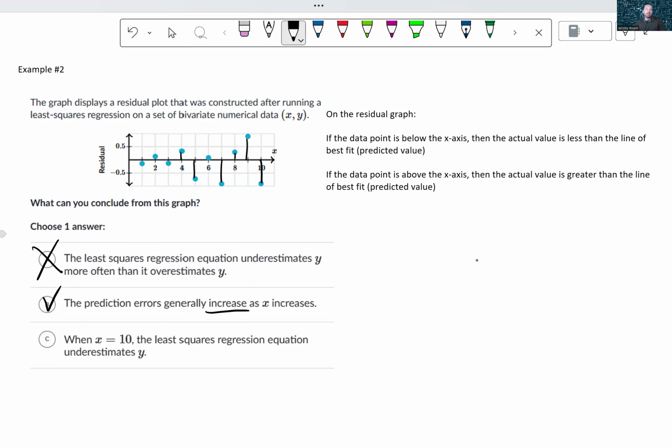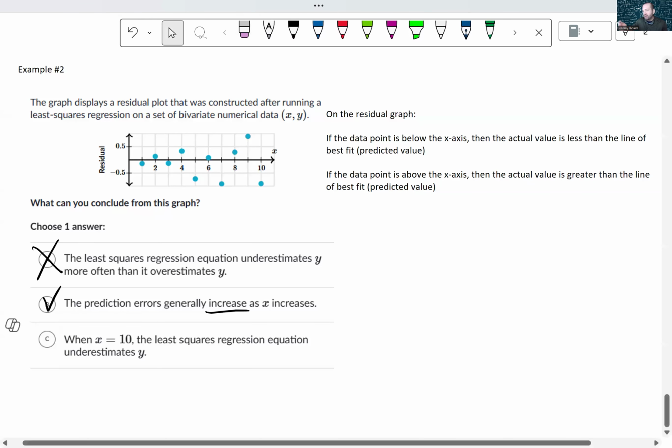I want to talk about C because you're going to see some questions that ask you about underestimating or overestimating y, and I want to make sense of what that means. So for C, it says when x equals 10, the least squares regression equation underestimates y.